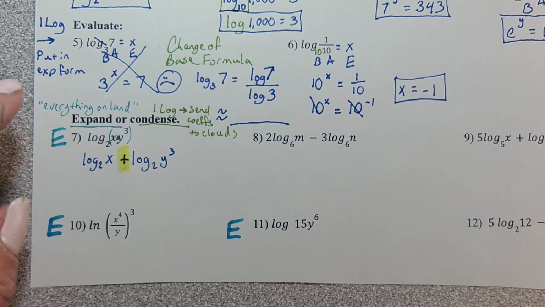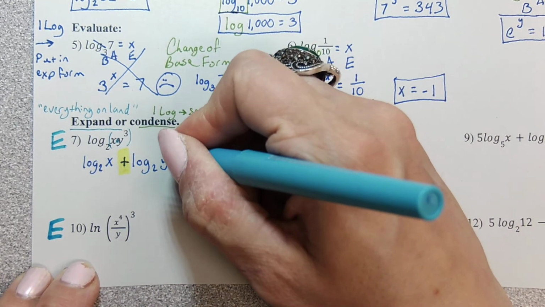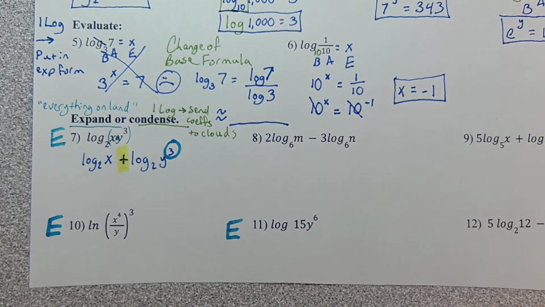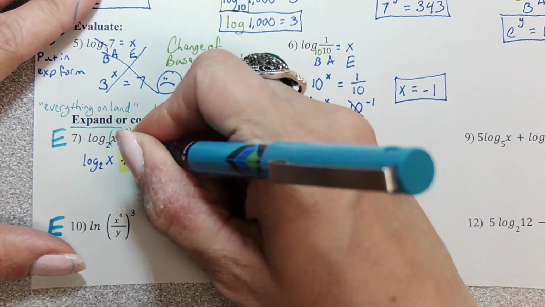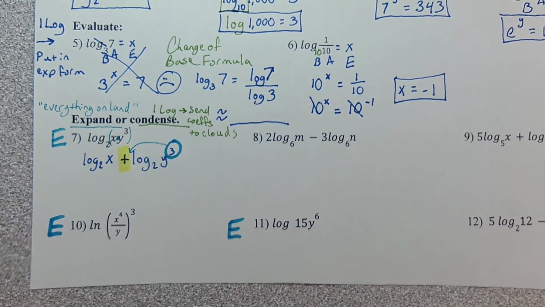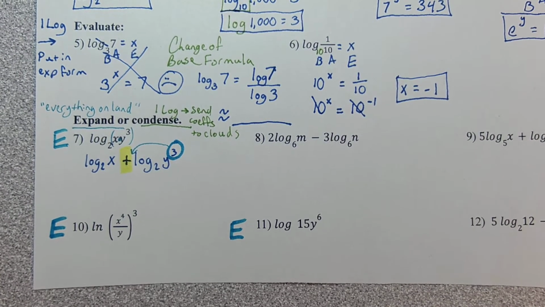Now, the reason why I like this little rhyme, expand everything on the land, is because that gives me my often missed last step. This power of 3, we're going to use that 3rd logarithmic rule that we have, and we are going to move it out in front as a coefficient. The only reason I'm allowed to do this is because of how logs work. It's a way of rewriting exponential form. So I'm not just breaking math rules here.